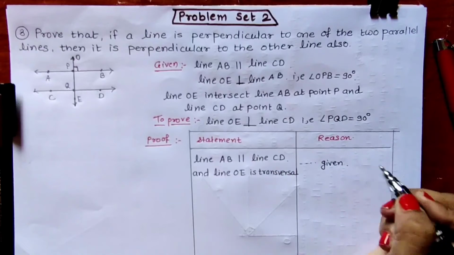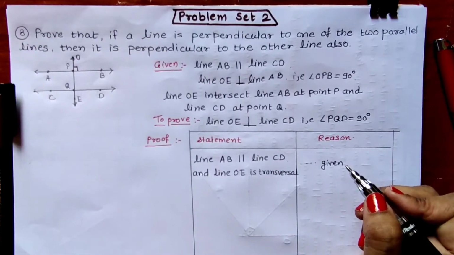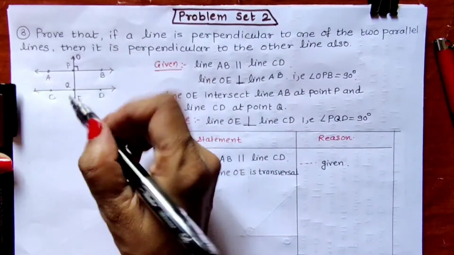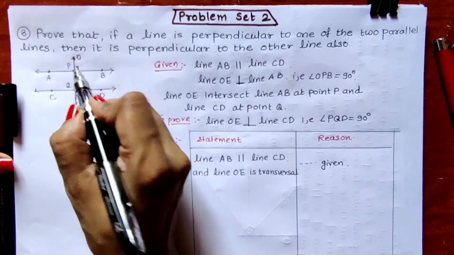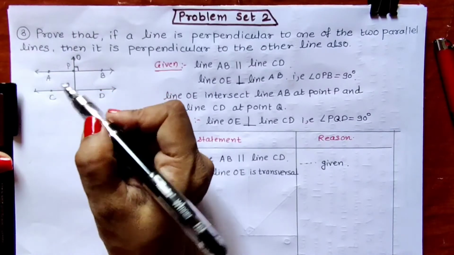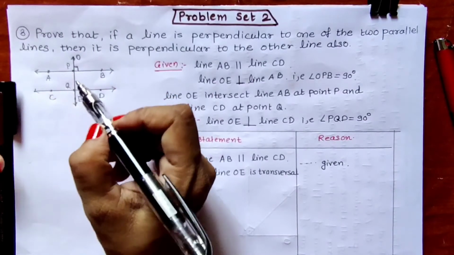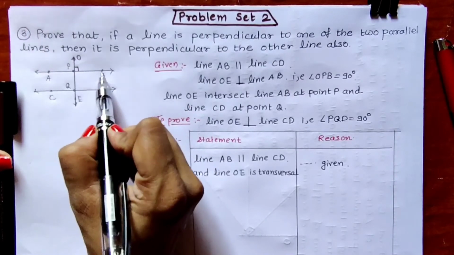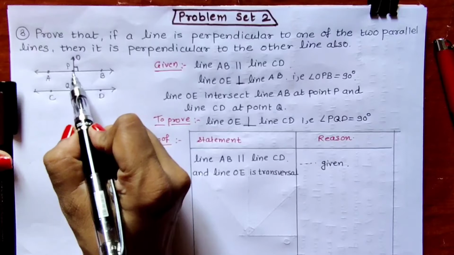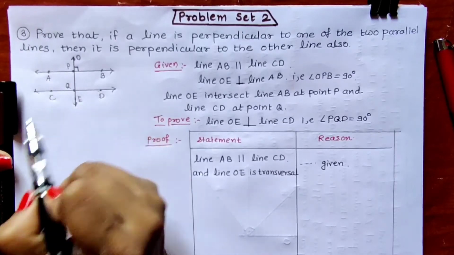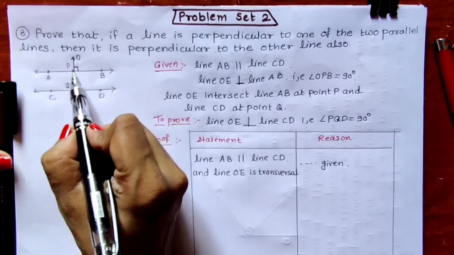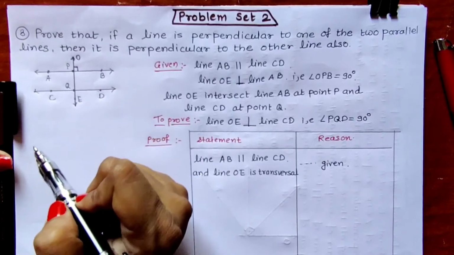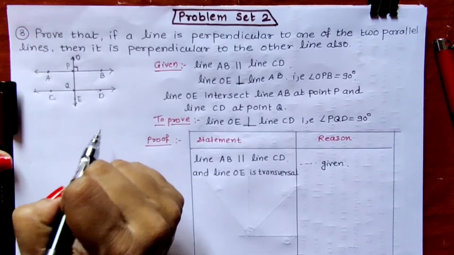The reason is given. Now let us see, due to two parallel lines and its transversal, we get 8 types of angles and different pairs of angles. So if you observe this angle OPB, its corresponding angle will be angle PQD, correct? So OPB and PQD, these two are corresponding angles and corresponding angles are congruent with each other.